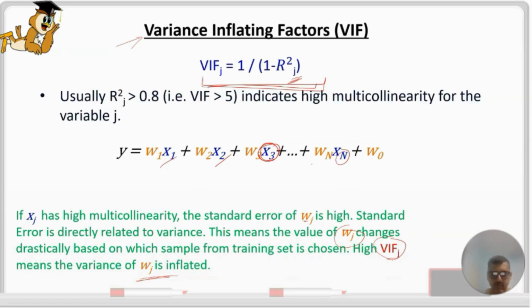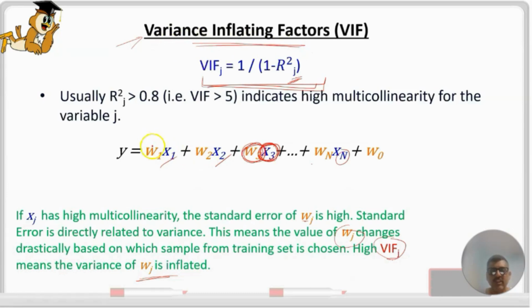Let's go over it in a little bit of detail, not too much. Essentially what we are saying is, if x3 has a high multicollinearity, the value of w3 ends up having a high variance. The variance of w3 is inflated, and that is the reason for this terminology, variance inflating factor.